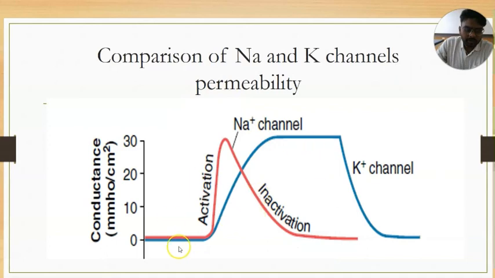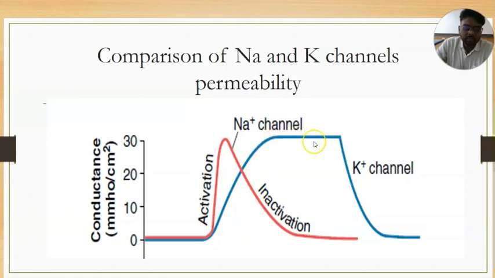If you compare the membrane permeability of sodium with potassium, during the depolarizing phase, when sodium channels are open, the conductance of sodium is more than that of potassium. Potassium channels are leaky channels and slow to open, so they take time to attain the maximum level of conductance.